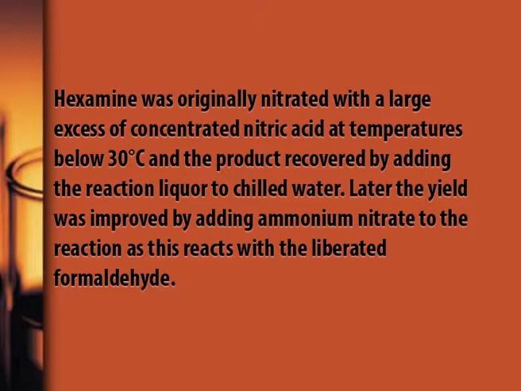Hexamine was originally nitrated with a large excess of concentrated nitric acid at temperatures below 30 degrees centigrade, and the product recovered by adding the reaction liquor to chilled water. Later, the yield was improved by adding ammonium nitrate to the reaction, as this reacts with the liberated formaldehyde.